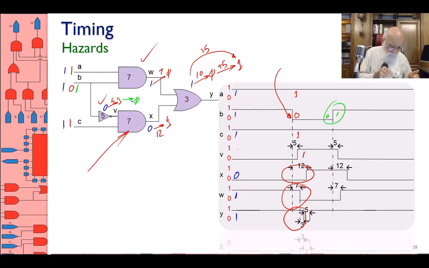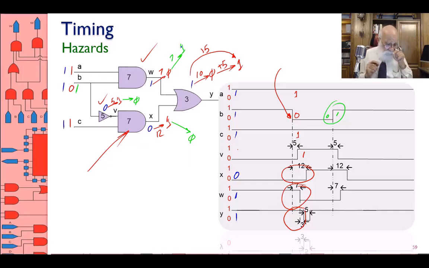V changing to 0, 12 nanoseconds after that, this one changes to 0. B changing to 1, the upper AND gate has 2 1s, and therefore 7 nanoseconds later, this changes to 1.